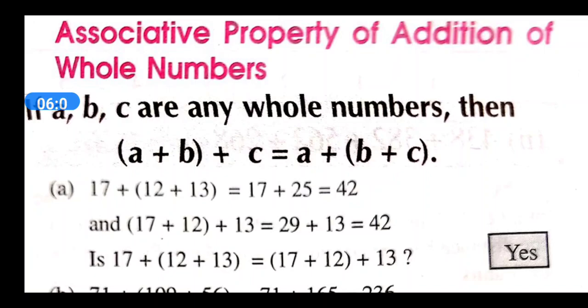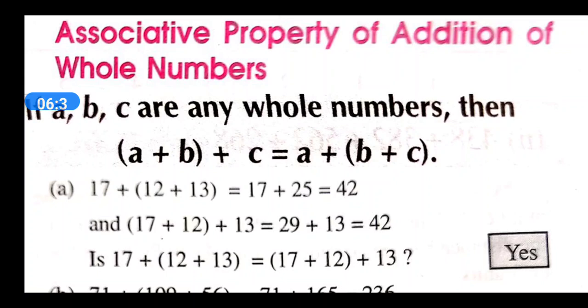Next comes the associative property of addition of whole numbers. It states that if A, B, C are any three whole numbers, then A plus B added to C will be equal to A plus B plus C. Let us understand it with the help of an example.